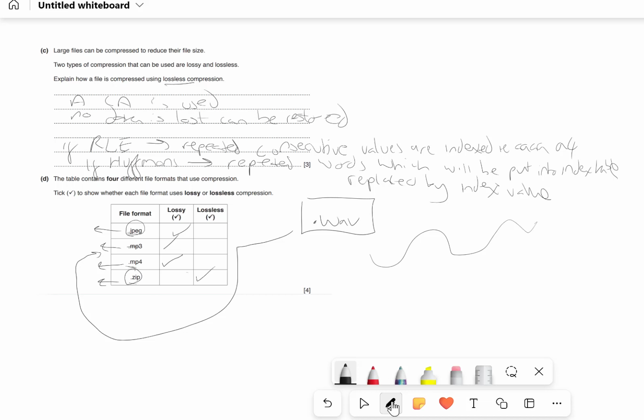Zip is lossless. What a zip is, I can put lots of things, lots of files, let's say an image of a donkey, my resume or CV depending on where you come from, and a letter. And instead of me sending these to your email one by one, I can group them all together as one zip file, which basically compresses it.